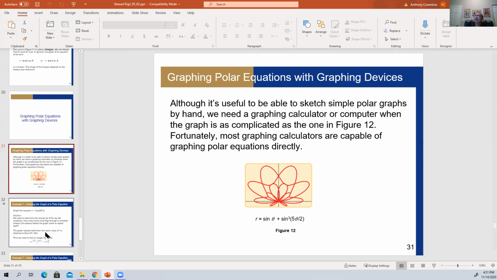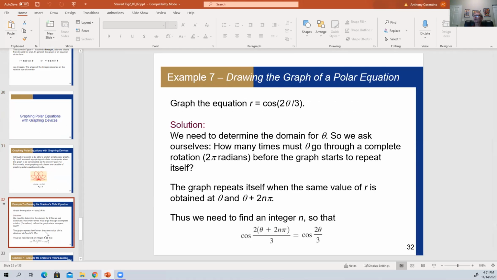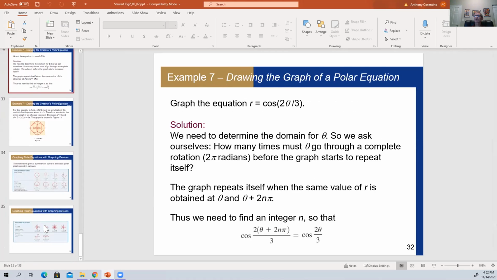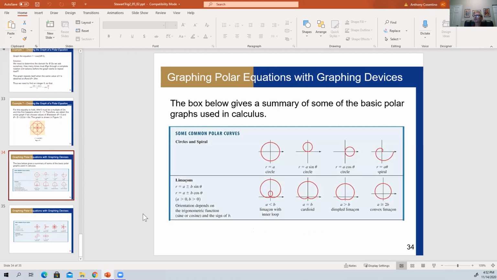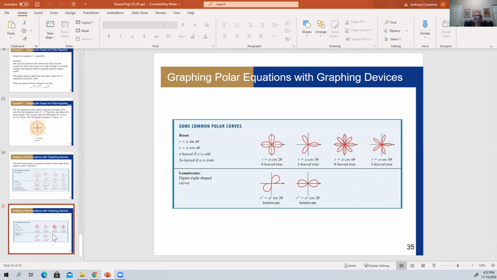But you can see how these equations are nice with regards to curvy lines, right? And I'll let you take a look at this in either the book or the presentations here, a variety of different styles of graphs.